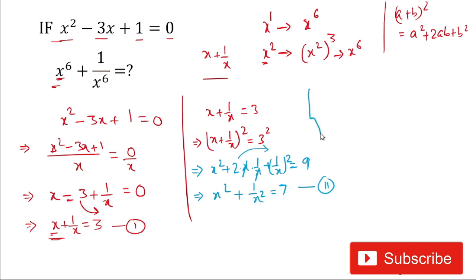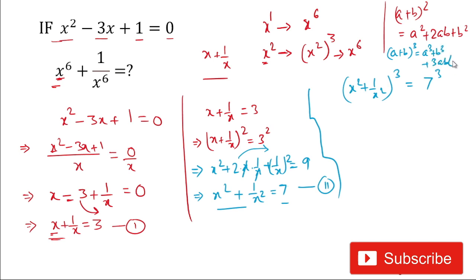Now for taking our desired result, we'll cube the left hand side and right hand side also. Now here x square plus 1 by x square, we'll cube it, and right hand side also 7 cube. So friend, here you can say this is a plus b whole cube. The formula of it is a cube plus b cube plus 3ab multiplied by a plus b.